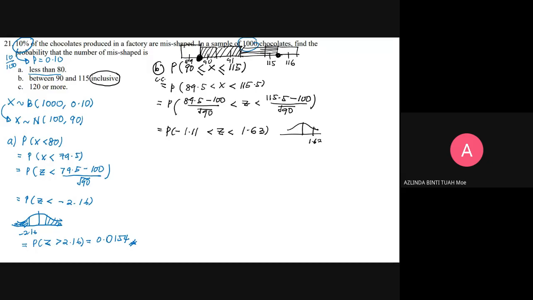Bell shape. 1.63 is on the positive part, negative 1.11 is on the negative part.